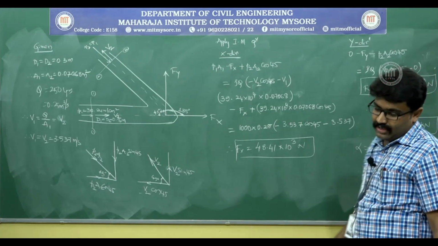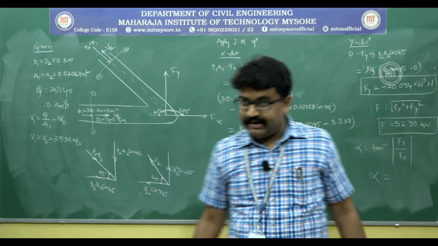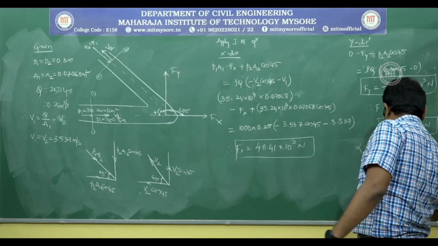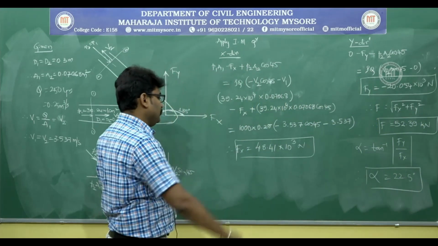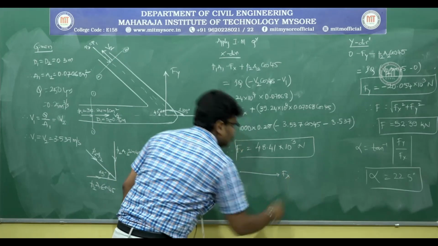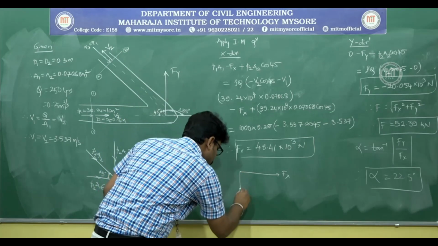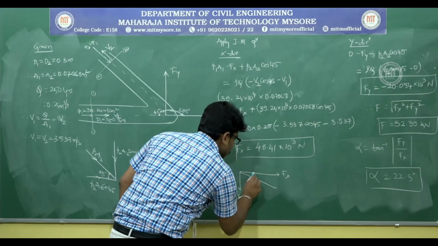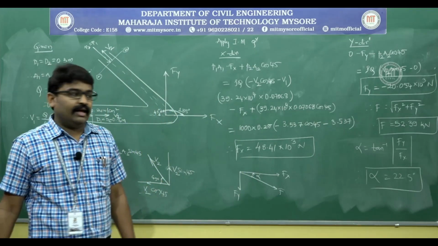Therefore, you will get alpha as 22.5 degrees. Using this, you can draw the representation diagram. Fx is positive, so this is Fx. Fy is negative and small, so this is Fy. Making an angle of alpha with the horizontal, you have the resultant force F. The values you can write.